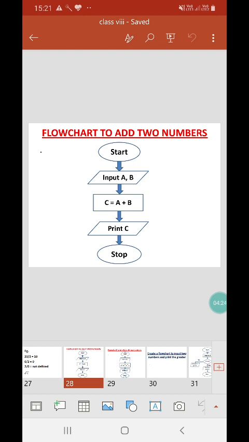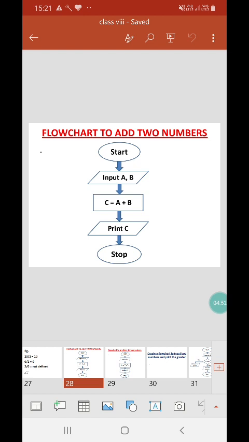The two numbers A and B are added there, and the result is stored in the variable C. C is a variable, and A and B are also variables. A contains some number, B also contains some number, and both are added and the result is stored in the variable C. Now again the flow lines denote the output, which has the same parallelogram shape. That is the output symbol.